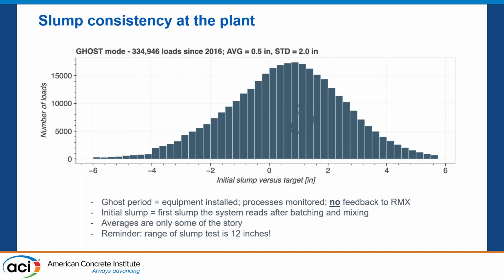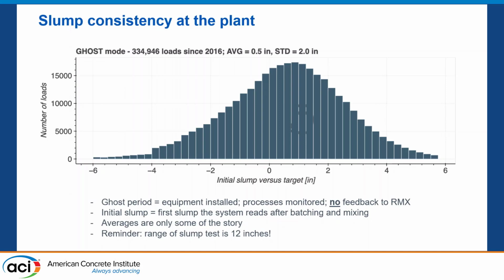And so what we've done here is taken a measurement of slump right after batch, as long as it's mixed properly. So you batch it, mix it properly. This is the first slump reading that you'll get from that. Just to show you, this is 330,000 data points, and this is across many ready mix producers. So this is not just a single one.